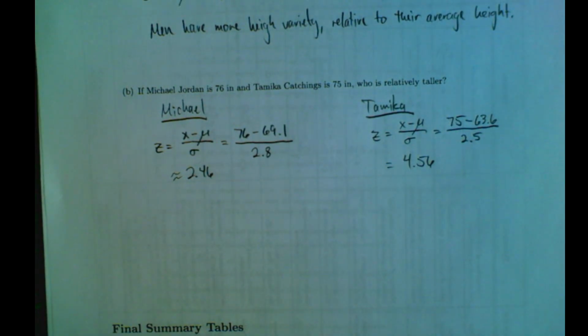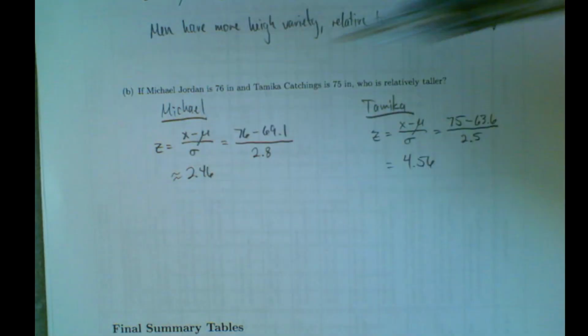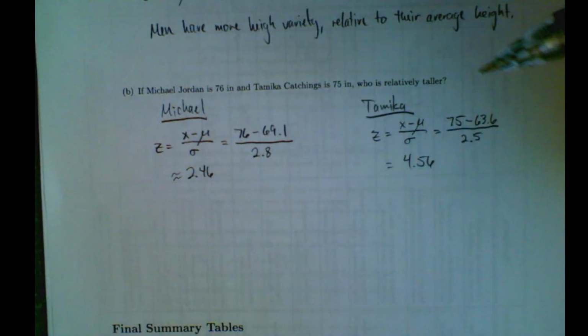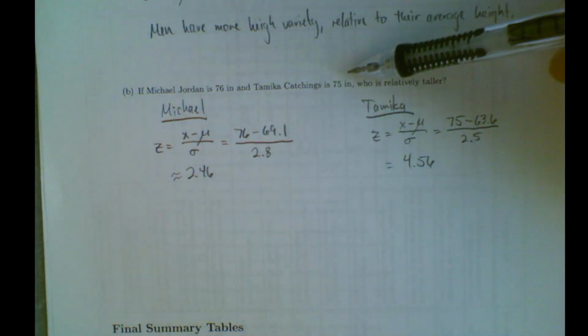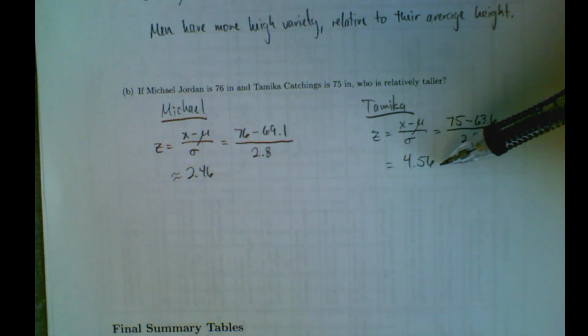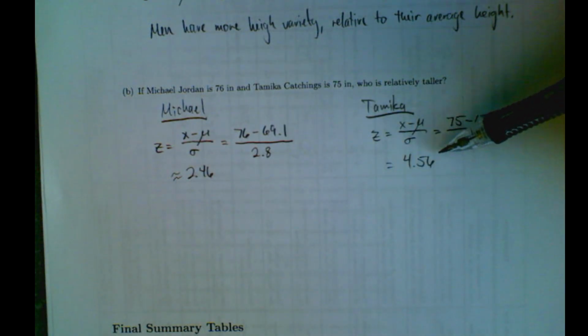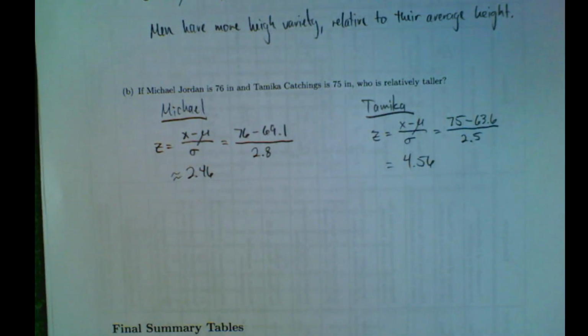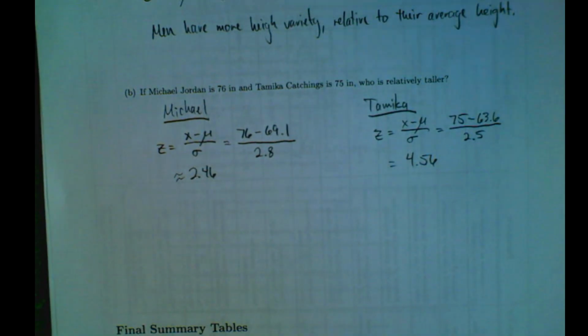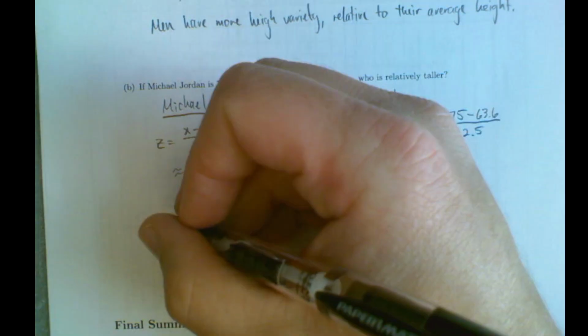Remember from the empirical rule, we only expect about 5% of people to be more than 2 standard deviations away from the mean. So that makes Michael Jordan's height pretty unusual. 76 inches is 6'6", so that's pretty unusual. 6'5" for a woman, though, is more than 4.5 standard deviations above the mean. That's freakishly tall for a woman, okay? So who's relatively taller? Well, Tamika Catchings, right?